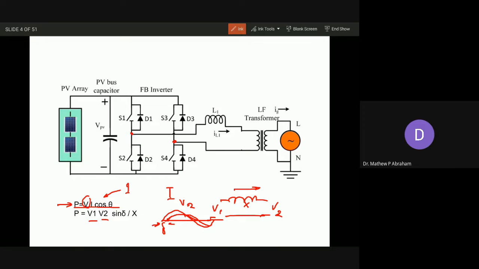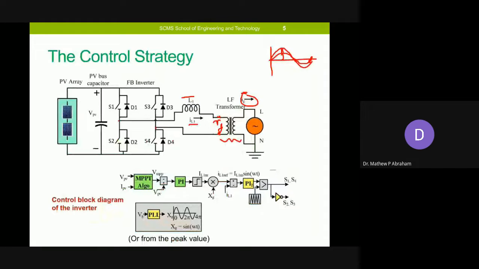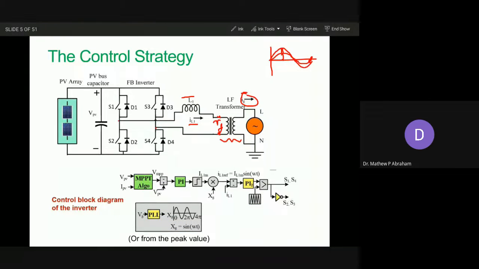So by adjusting the magnitude and delta, or load angle, between the grid voltage and our generated voltage, we can control the power. Right? There are two modes in which we can decide upon the power to be injected. So let us concentrate on this one, an MPPT based power injection.